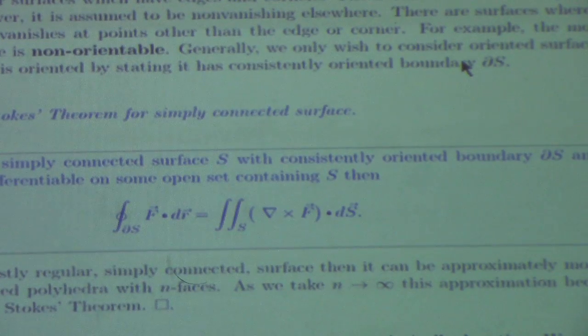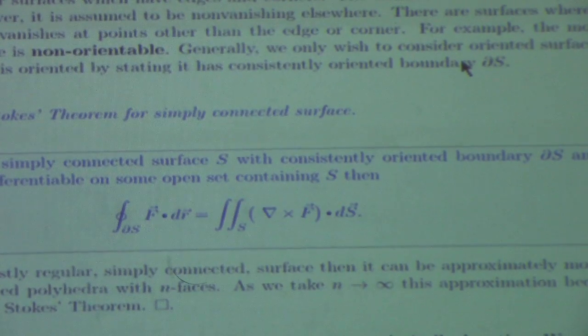If you have some curved surface, you could use some sort of interpolating polygons, and if you choose them finely enough, you can't tell the difference between curved and not curved. So the idea is to take an approximating polyhedra for the surface and take the limit as the number of polygonal faces goes to infinity. At each stage in this limiting process, we can apply baby Stokes theorem. And then passing to the limit, we get Stokes theorem.